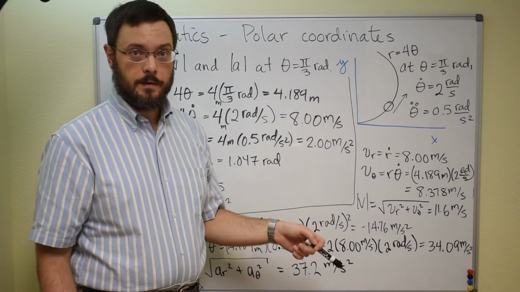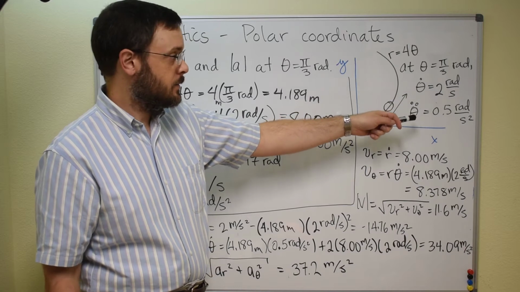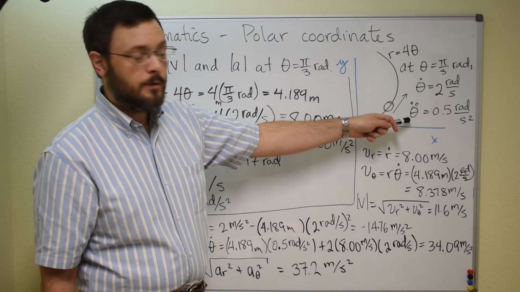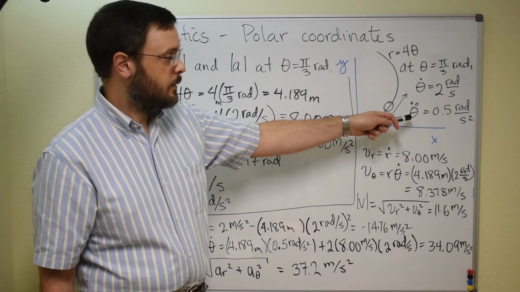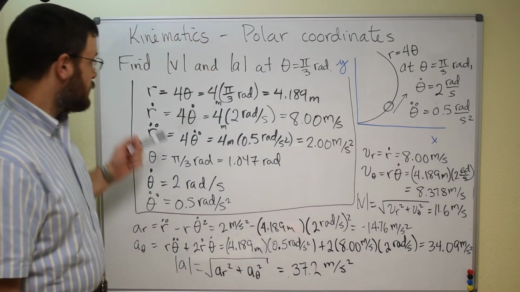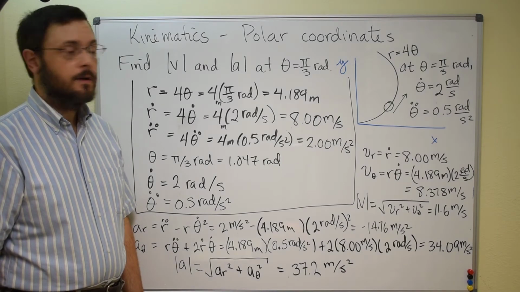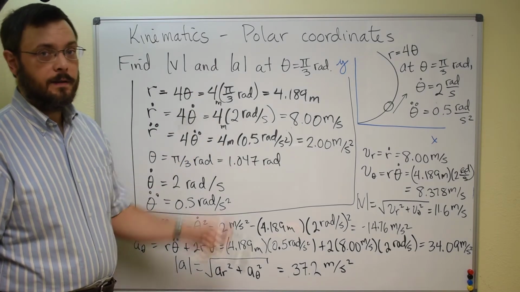It's not to say that it's constant, it's just what it is at that one theta location. And the second derivative of theta with respect to time, theta double dot, is 0.5 radians per second squared. For our problem statement, we need to find the magnitude of the velocity and the magnitude of the acceleration at that instant.